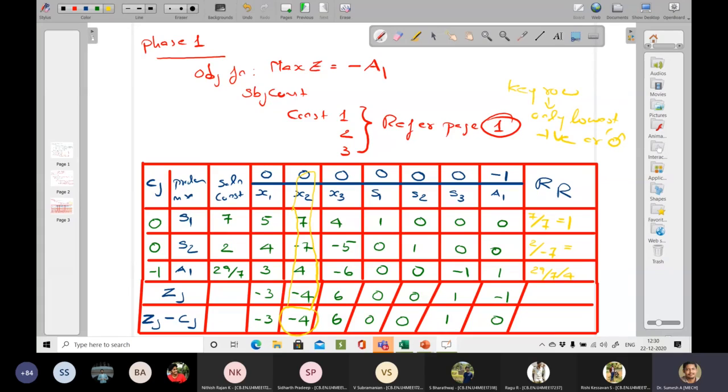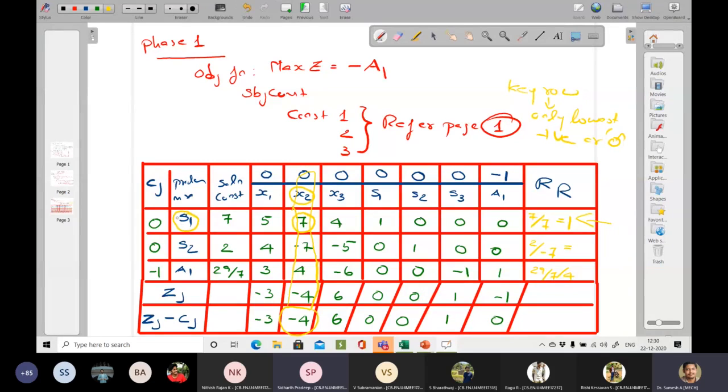So the key row will be the first one. 7 will be the key number. So x2 will be your entering variable and s1 will be your departing variable in the next iteration.